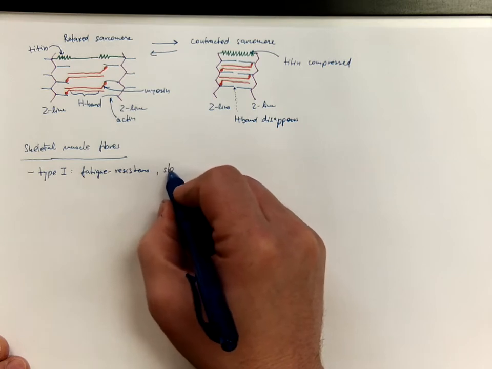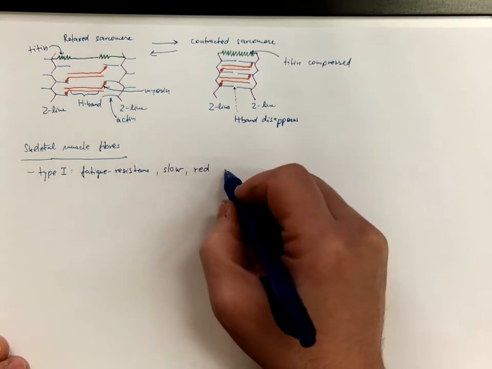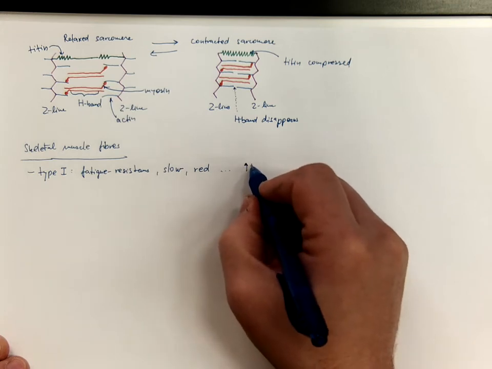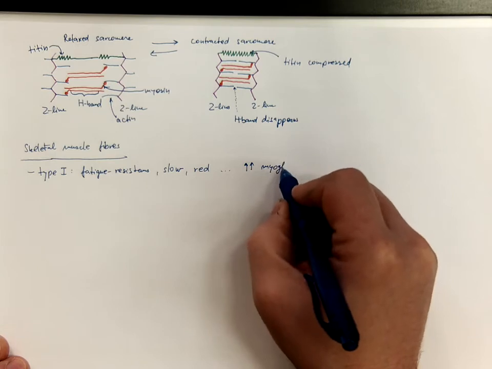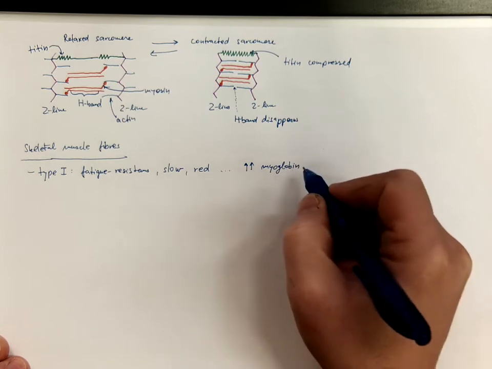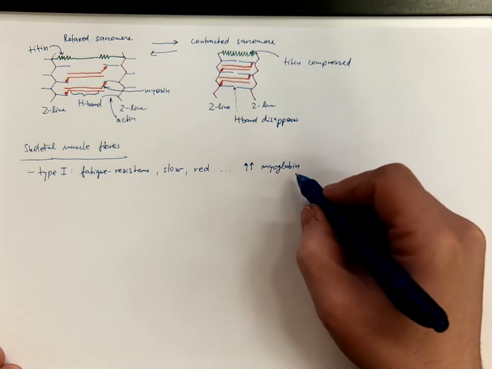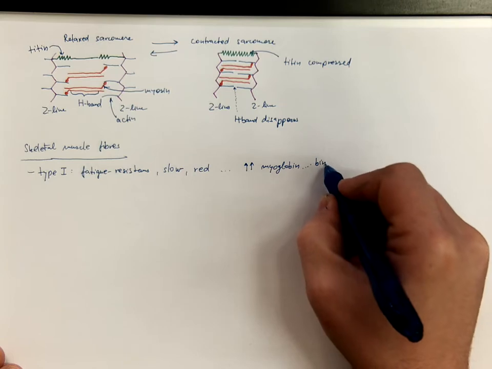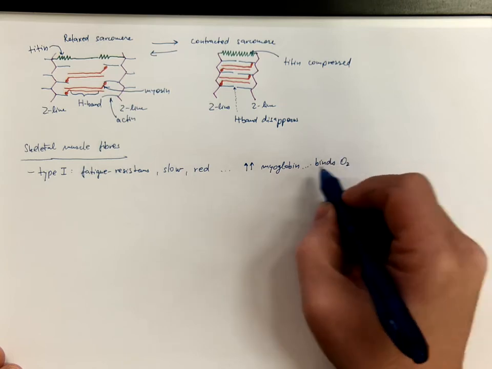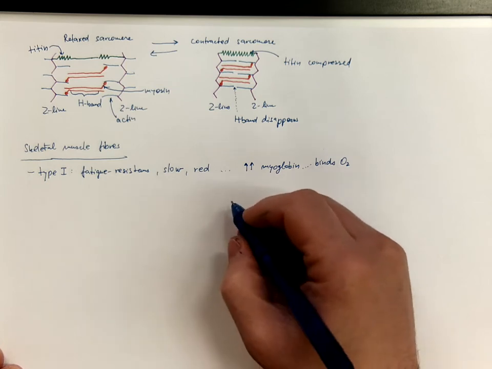The initiation of their activity is slow, and they are also called red because they contain significant amounts of myoglobin, which is a protein similar to hemoglobin. It also binds oxygen, but this time it binds oxygen inside the muscle.